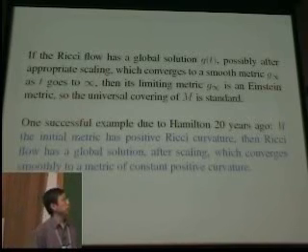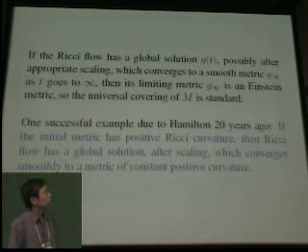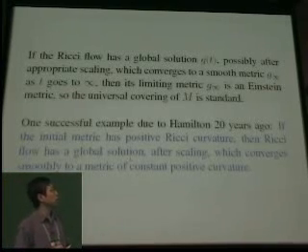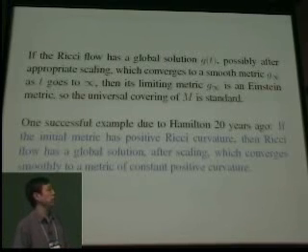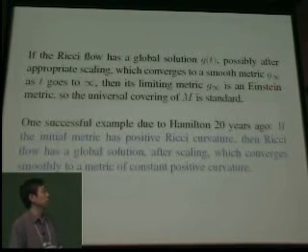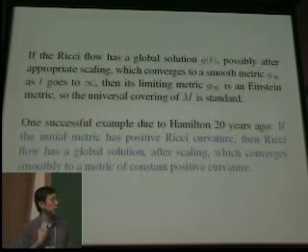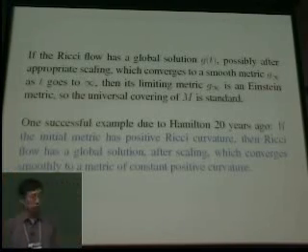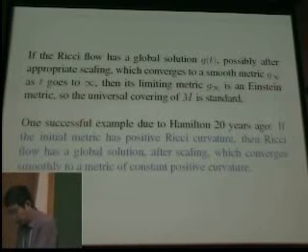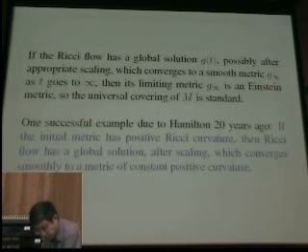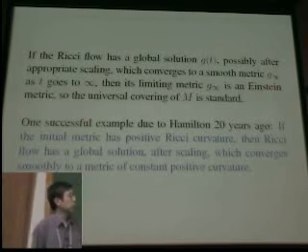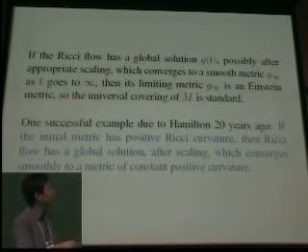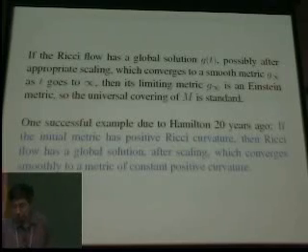If an initial metric has positive Ricci curvature, then the Ricci flow has a global solution, and after scaling converges smoothly to a metric of constant positive curvature. That means the space is just a finite quotient of a sphere. So if you have this geometric condition, then the space is standard.